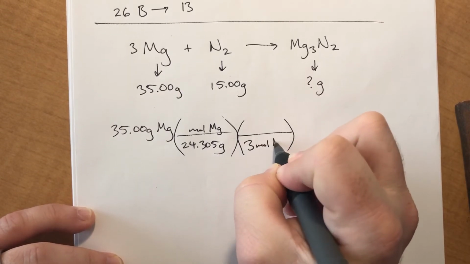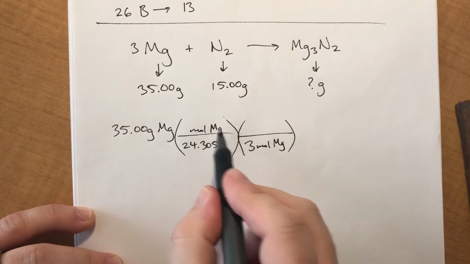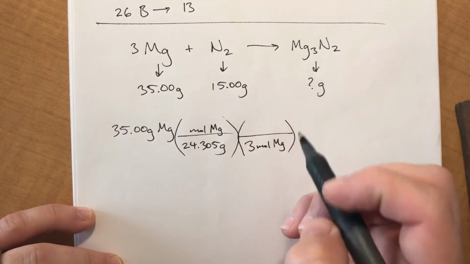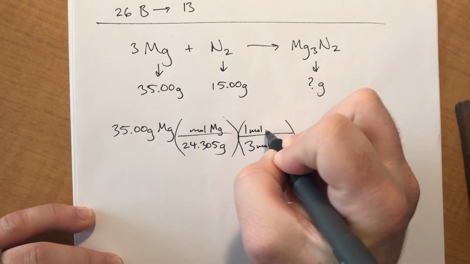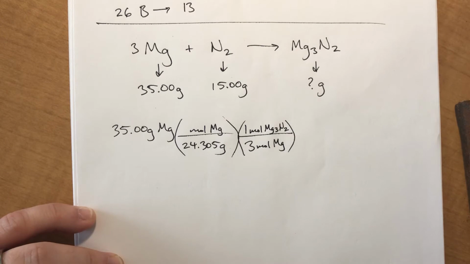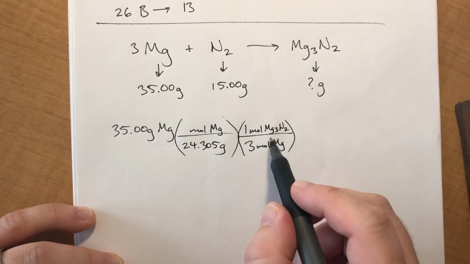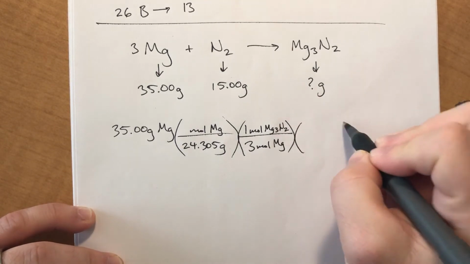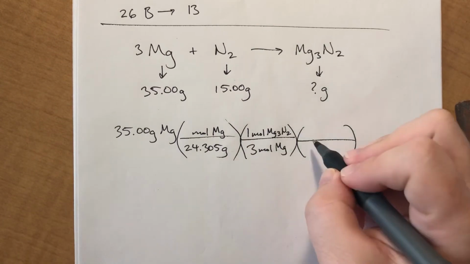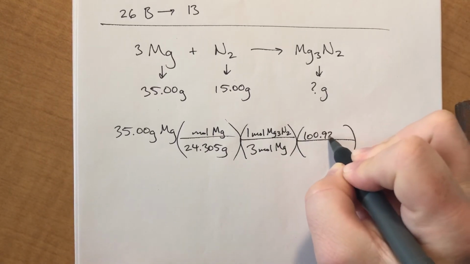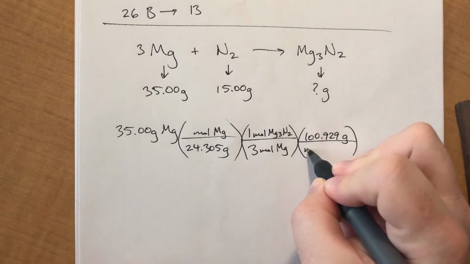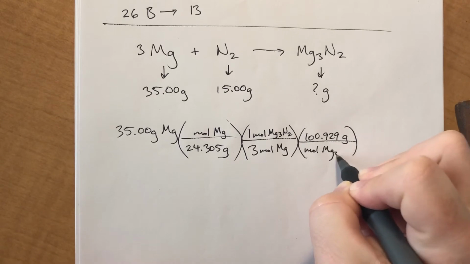So the 3 moles of magnesium goes on the bottom because that's what we need to cancel out, and it has a 3 in the front. And we should get 1 mole of this stuff on the top. Okay? The final step is to convert from moles to grams of this product. So if we add up 3 magnesiums and 2 nitrogens, I'm cheating from a problem that I already have worked up, comes out to 100.929 grams per mole of Mg3N2.